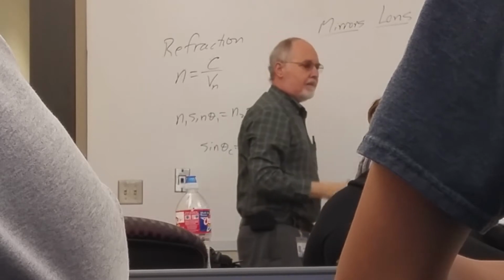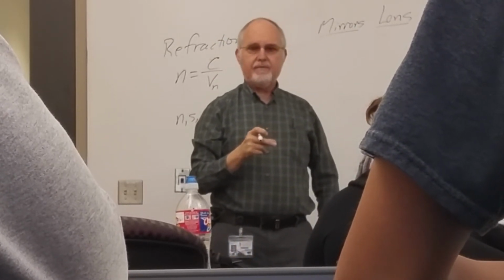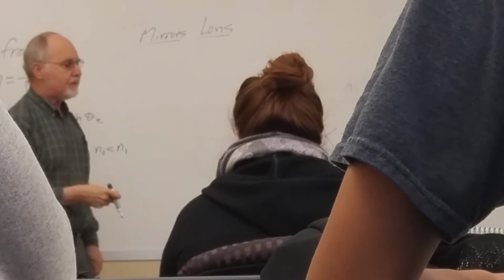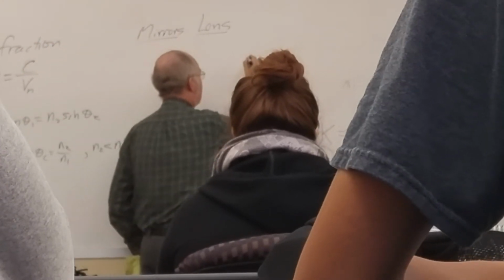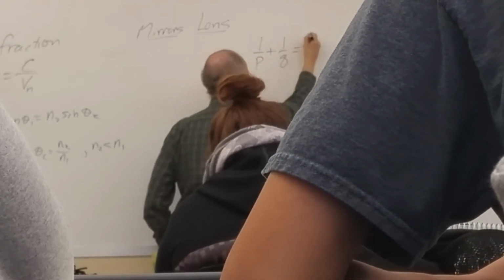we've got an object in front of the mirror or the lens, starts out in front. Where does the image end up? And what's the focal length of this mirror or lens? So 1 over the object distance plus 1 over the image distance is equal to 1 over the focal length.